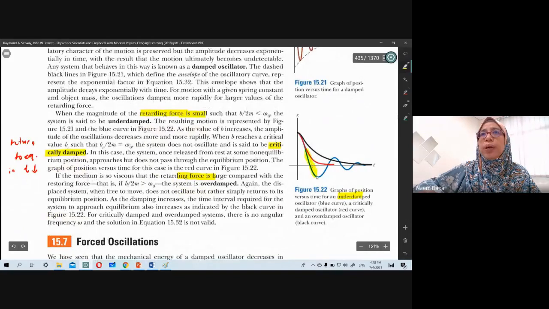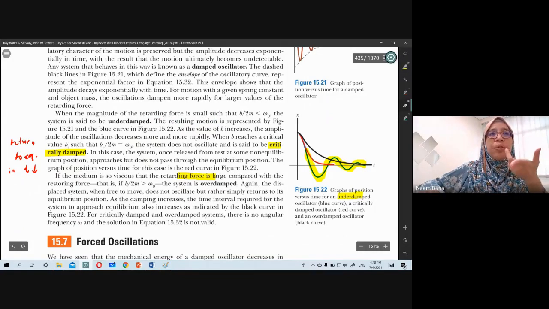Underdamped is the blue one, meaning that the friction is small, the retarding force is small, and therefore it will make a few oscillations before coming to equilibrium. So there are a few oscillations, one, two, or three perhaps. This is considered underdamped.